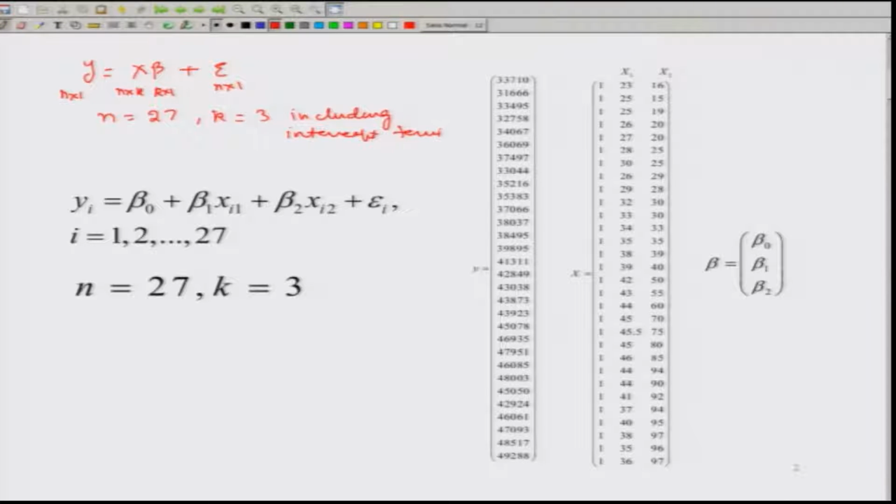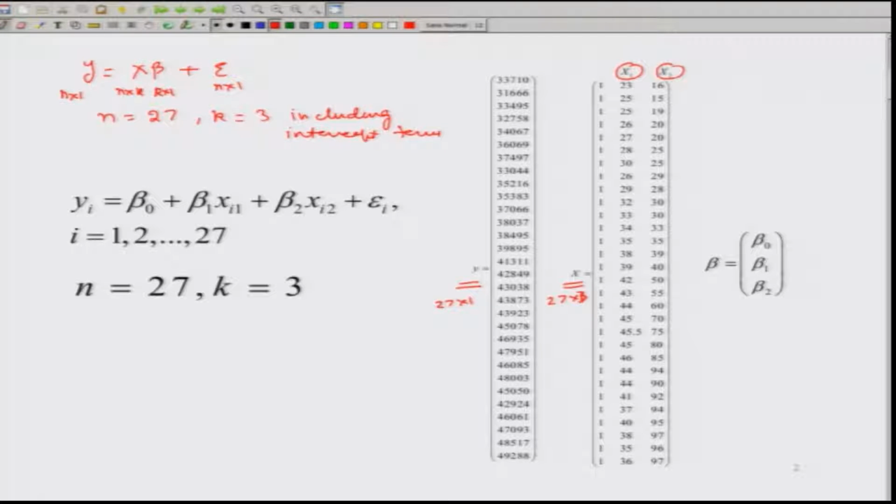Okay. So now I can express all the 27 observations on y here like this, which is a 27 cross 1 vector. And there are two variables x1 and x2 on which we have got 27 observations, and all these observations including the intercept term can be expressed as a matrix X which is of order 27 by 3.